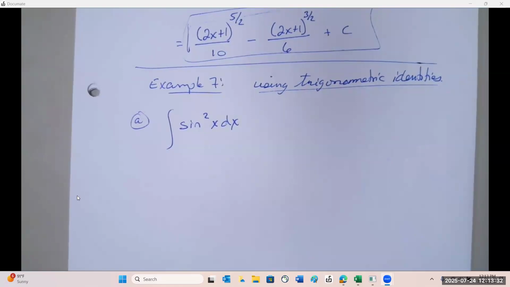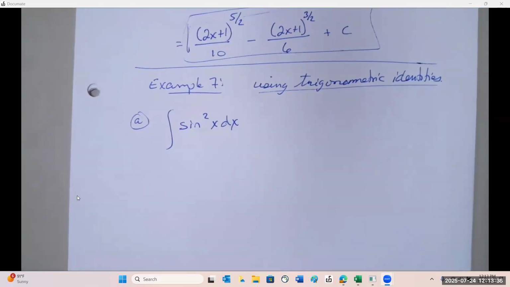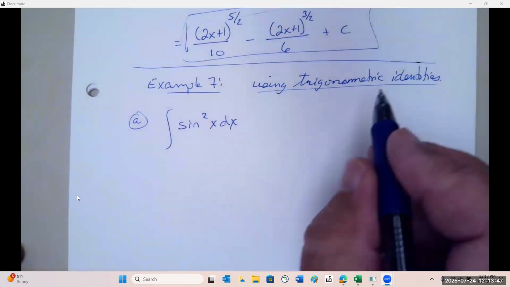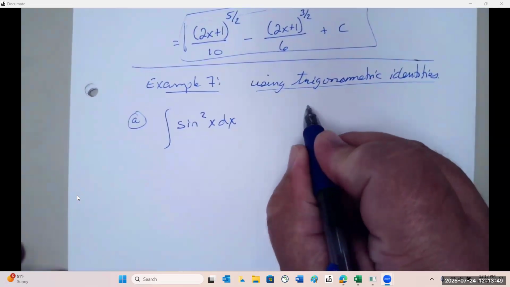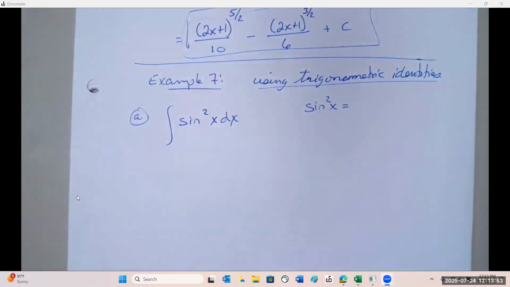We don't really have an integral for sine squared. We have it for sine x squared dx, but we don't have it for sine squared x dx. So, using trigonometric substitutions, what substitution do we have for sine squared x?